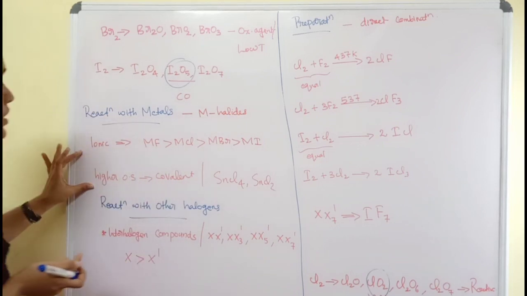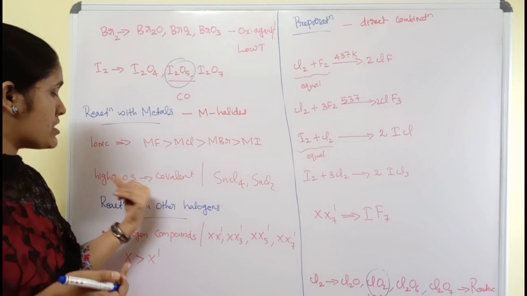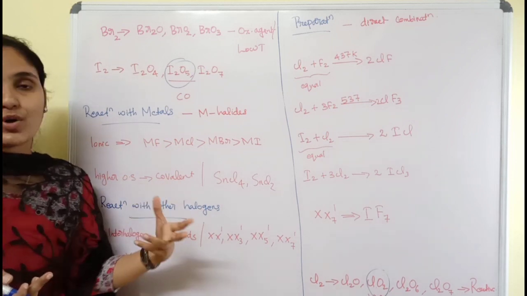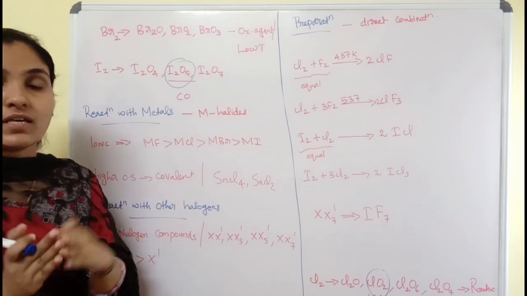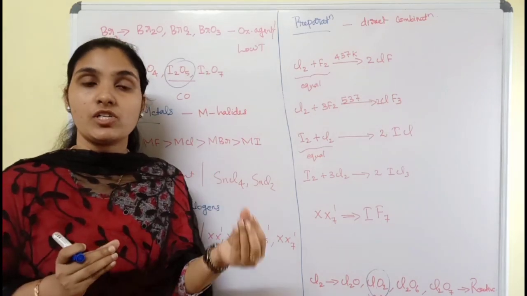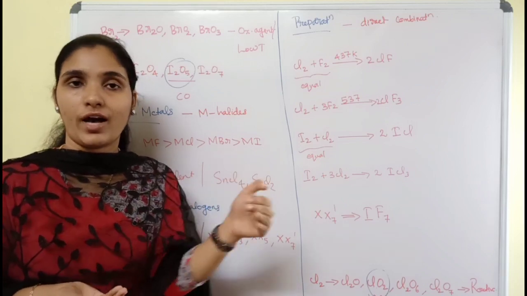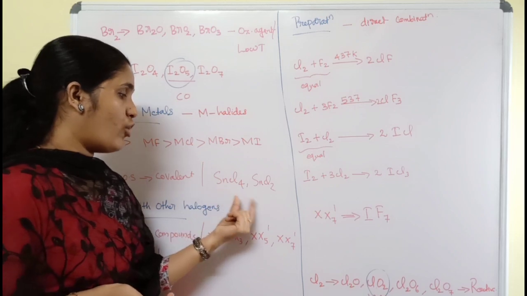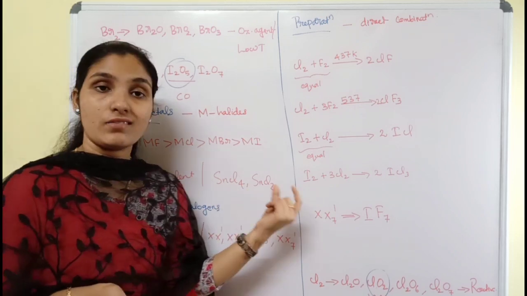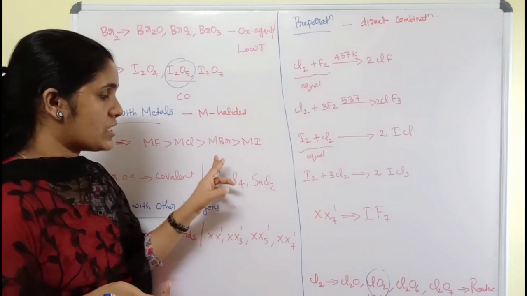Okay. And the speciality is that in the case of metal halides, if the metal exhibits a higher oxidation state, then that will be covalent in nature. That means in some cases the same metal can form metal halides with lower oxidation state and higher oxidation state. For example, Sn can form SnCl4 as well as SnCl2, but the oxidation state is greater in SnCl4.